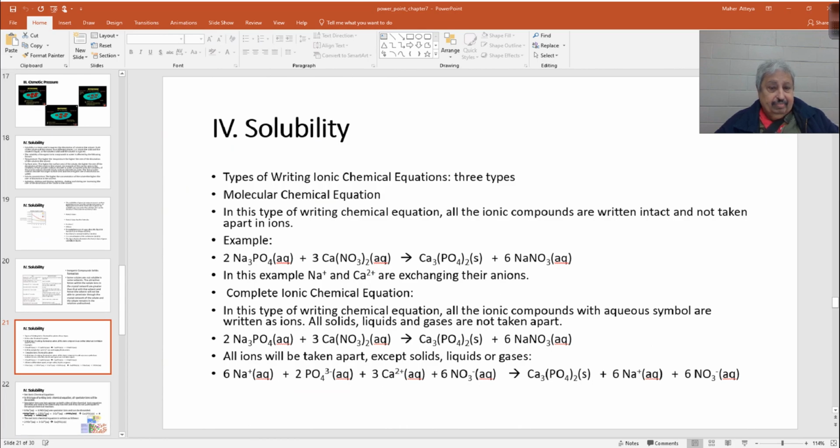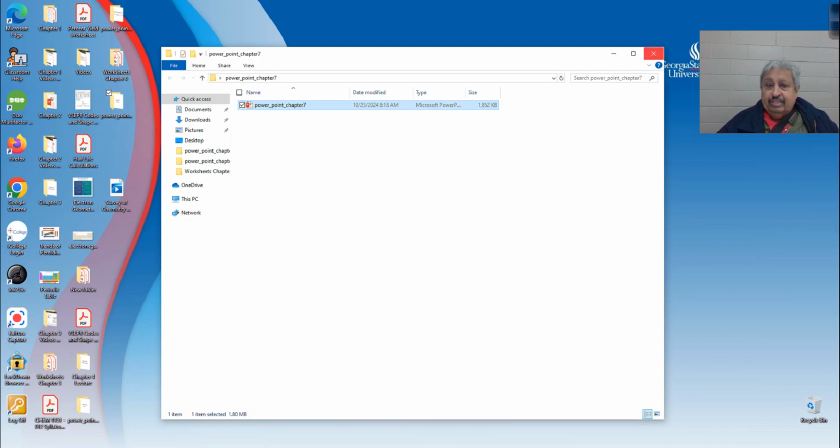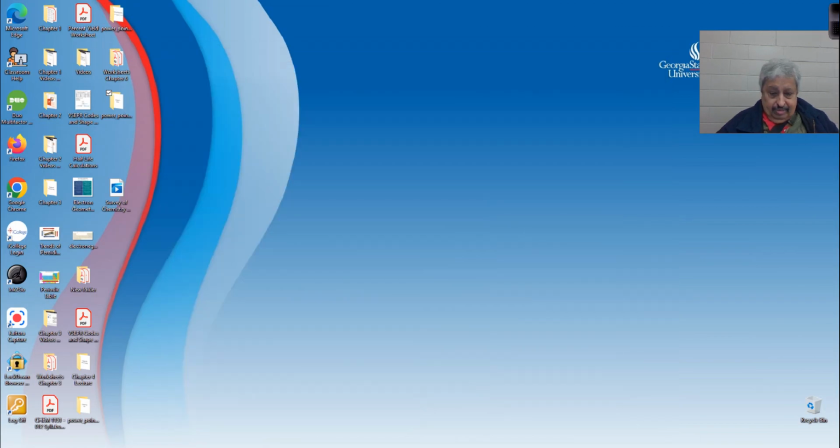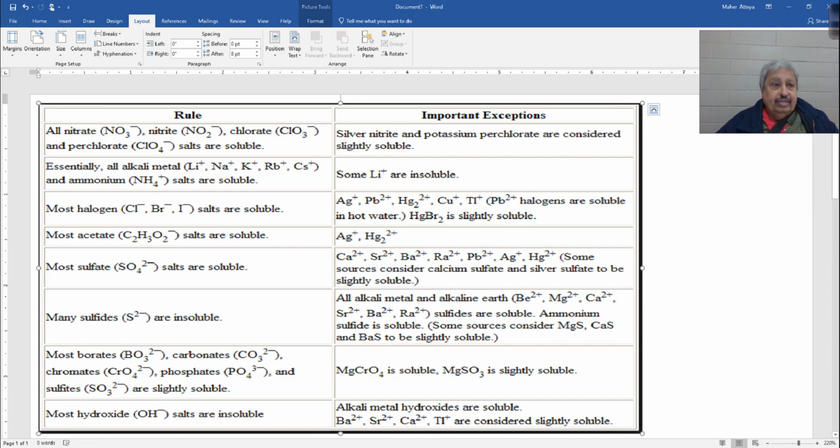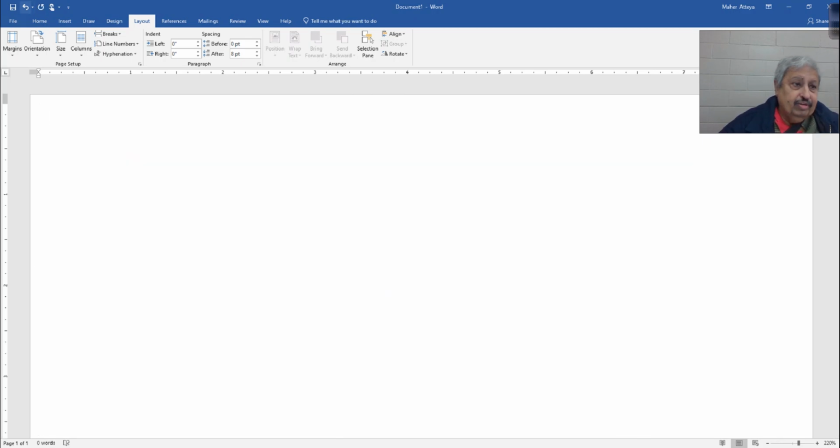So let's take this one here. This is an example. Now we'll have the solubility. When it comes to solubility, we have 2 or 3 types of ionic compound. We are looking for the ionic chemical equation. So, types of chemical equation. That's all about solubility.